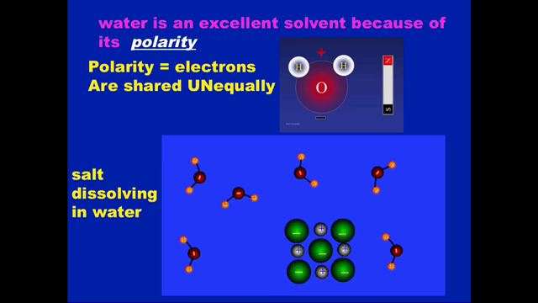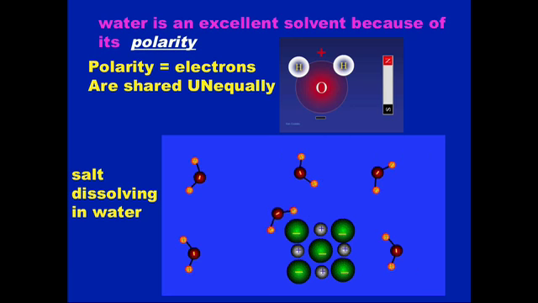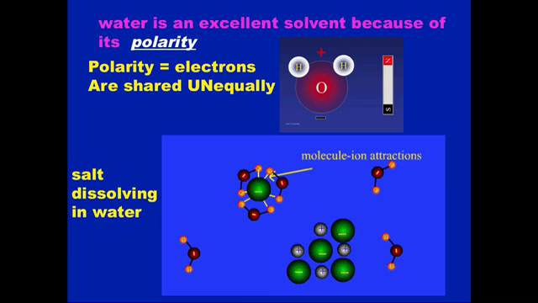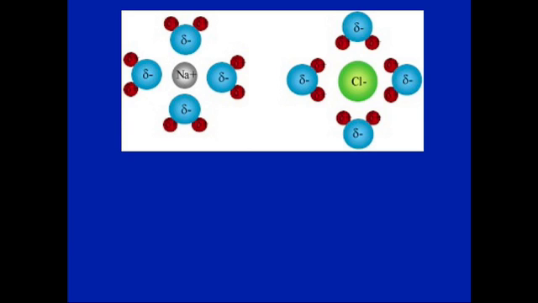So when salt dissolves in water, the water gets attracted to the negatives and the positives from the Na's and the Cl's. You have positive and negative, and so water is able to dissolve things really well because it pulls them apart, like what you're seeing in the diagram. This also shows salt separated, so you have Na and Cl ions being surrounded by the water.